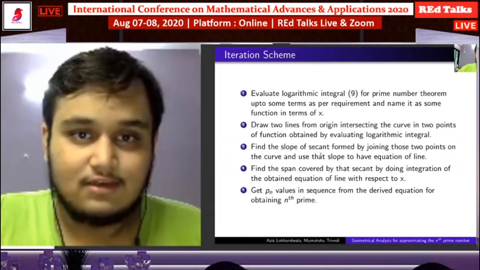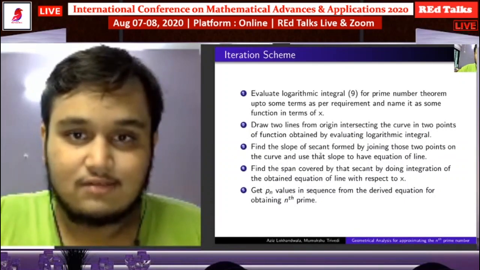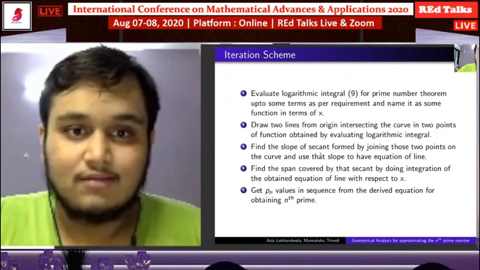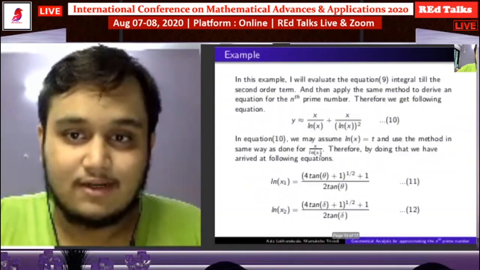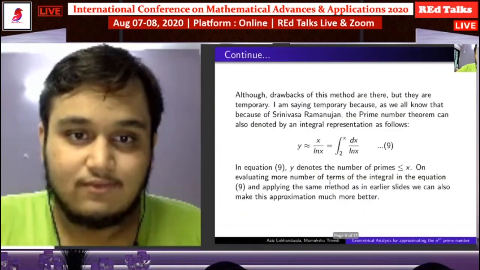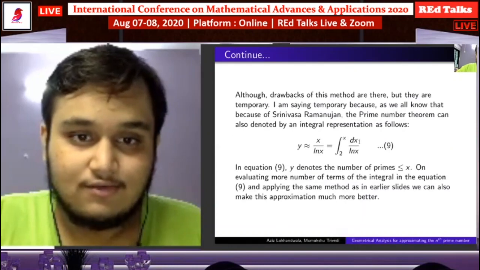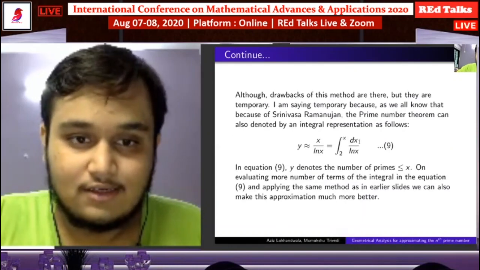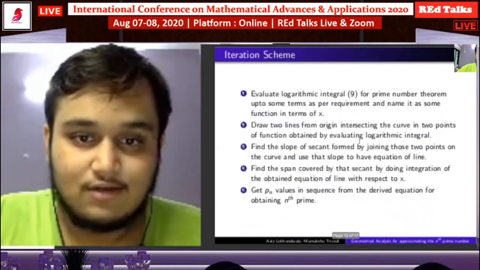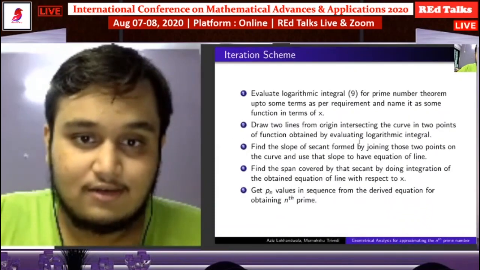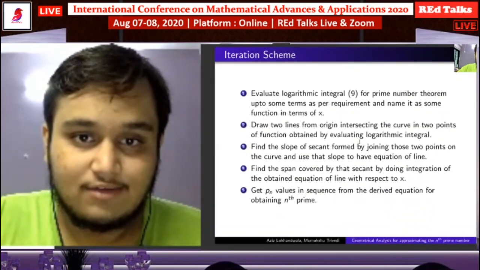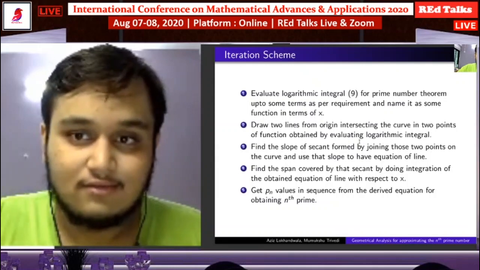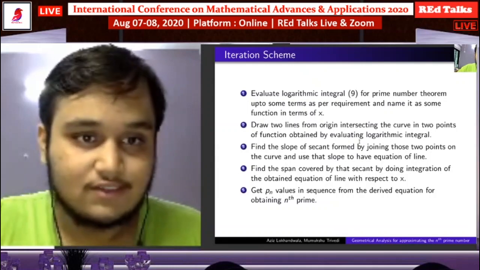The iteration scheme is as follows. Evaluate the logarithmic integral for the prime number theorem up to some terms as per requirement and name it as some function of x. Firstly, we will evaluate y equal to x over log x, and then we will take up to some terms and name it a function of x.